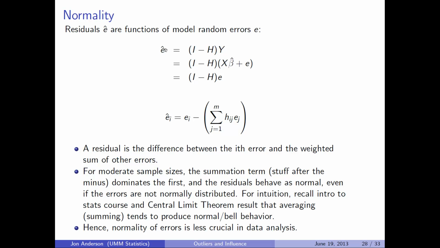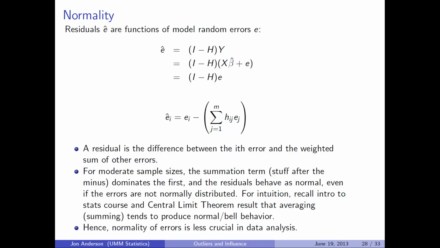Okay, so the residuals are a function of the random errors, and in particular, the ith residual is the ith error minus a weighted sum of the other errors in the data set. And the point of all this is that you're supposed to remember from an earlier class in statistics that summing random variables tends to produce normal bell-shaped behavior from the central limit theorem result.